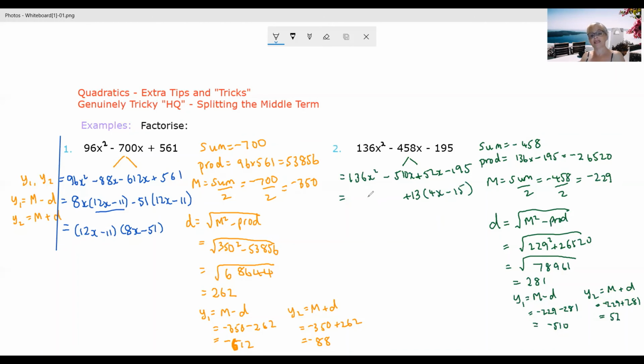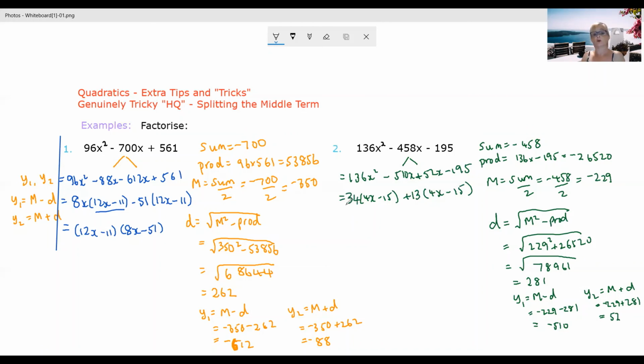That gives us a hint as to what we're wanting to take out here. We're going to want to get a 4x minus 15 bracket here. Let's see if that will work. 136 divided by 4, helps if you put the correct thing in your calculator, is 34.